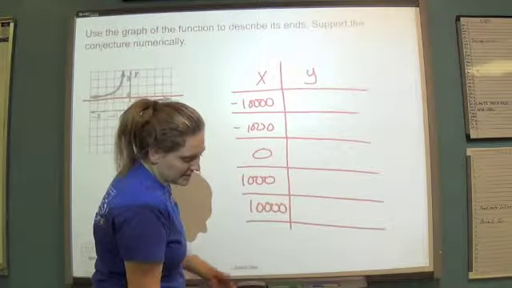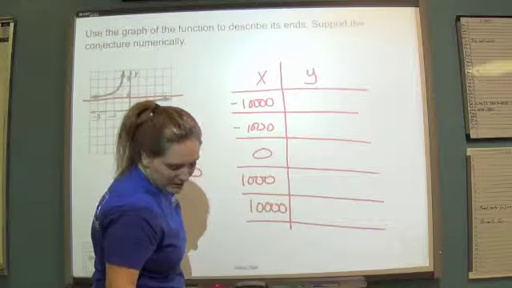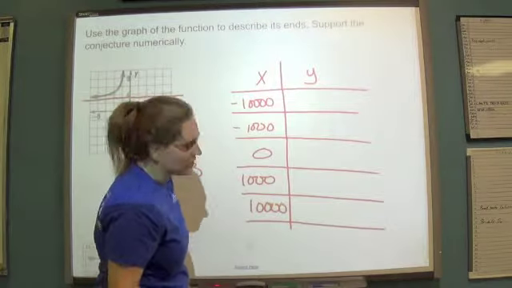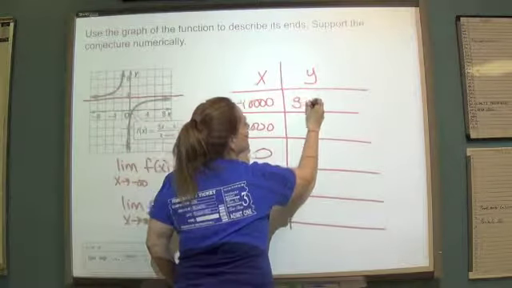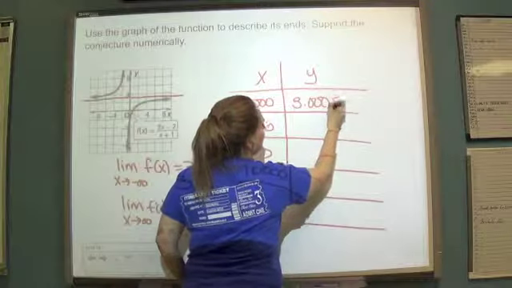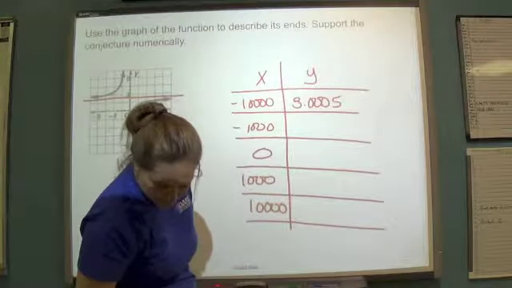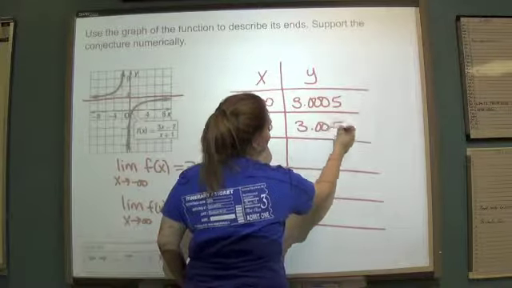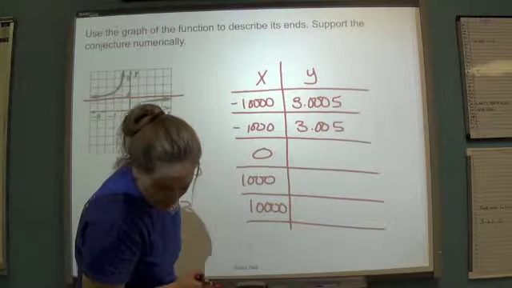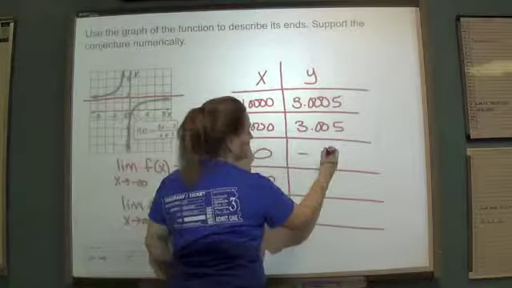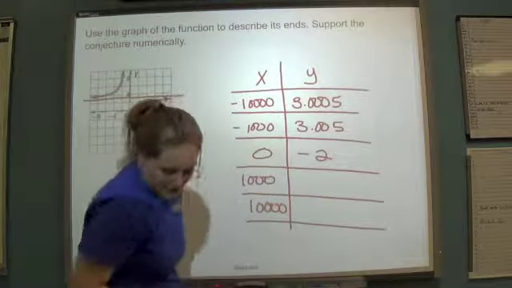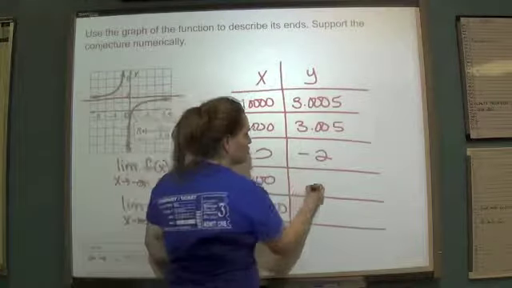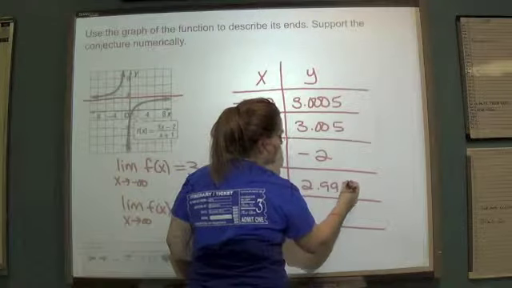So if I plug in negative 10,000, what I'm going to get is 3.0005. If I plug in negative 1,000, I get 3.005. If I plug in 0, I get negative 2. If I plug in 1,000, I get 2.995.